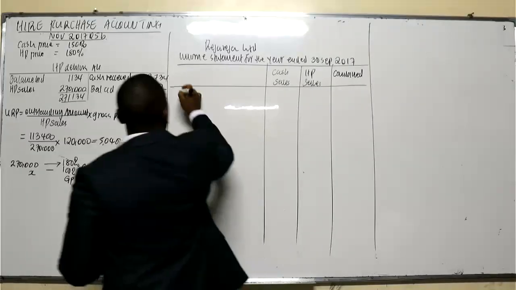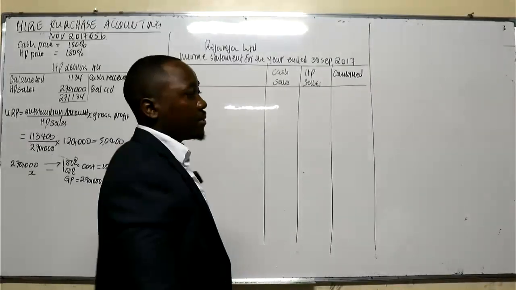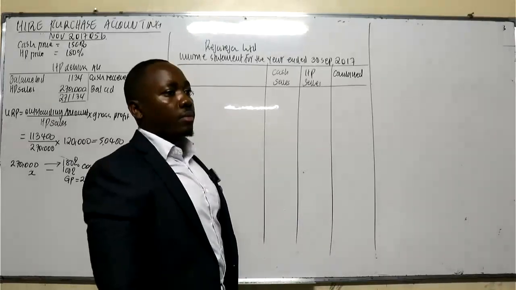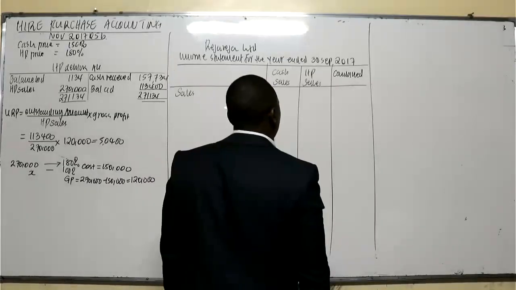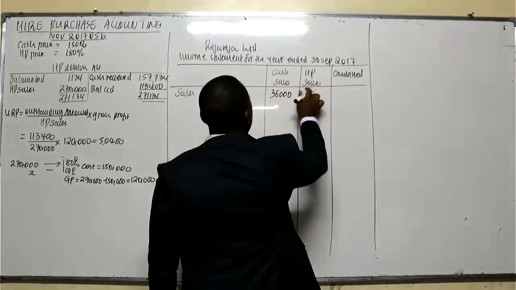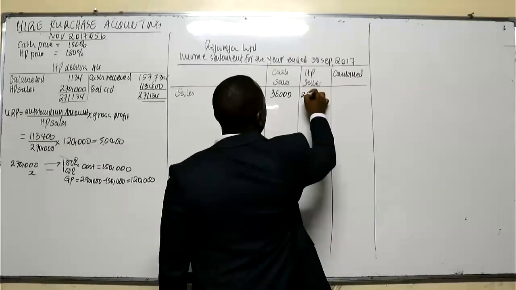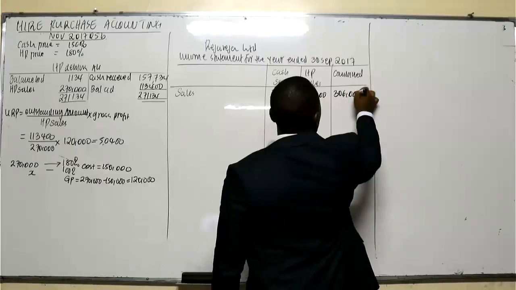So we start with the sales. How much was the cash sales? It's an amount of 36,000. Hire purchase sales was 270, and the total is 306.